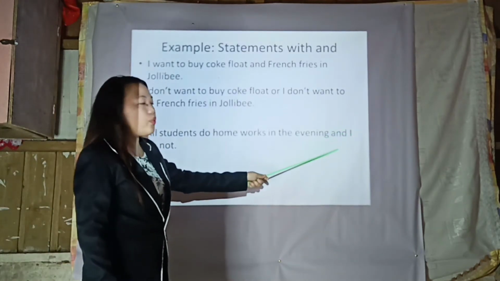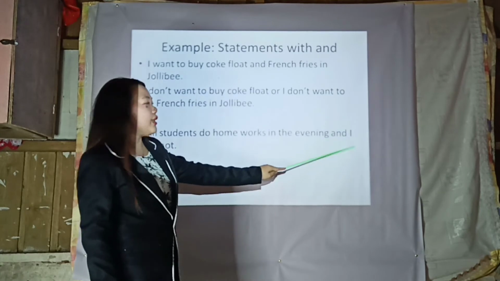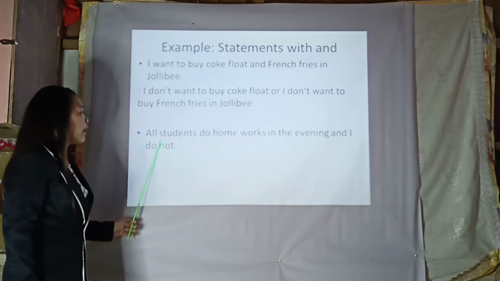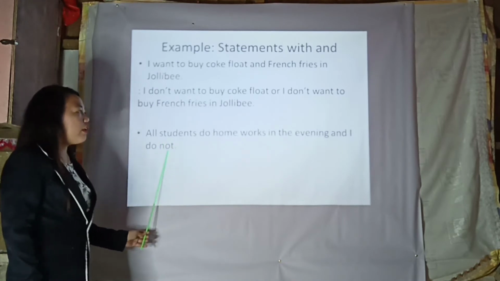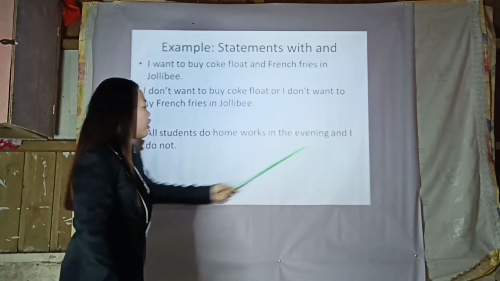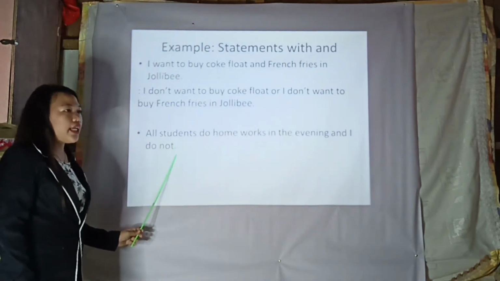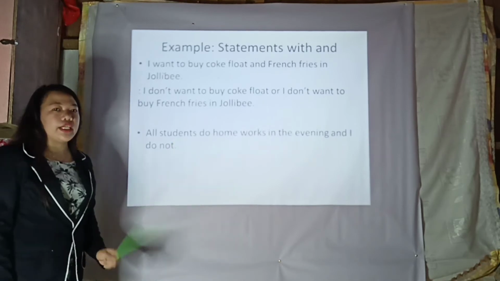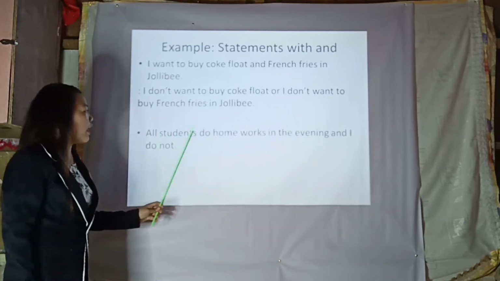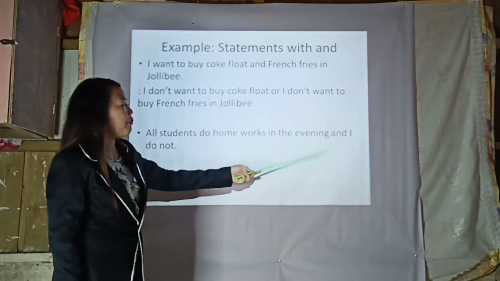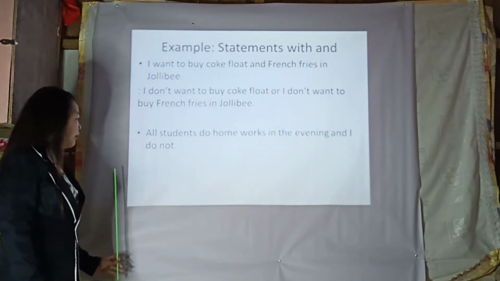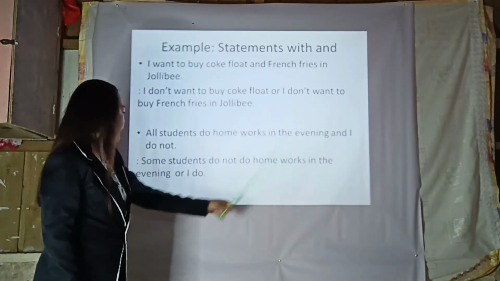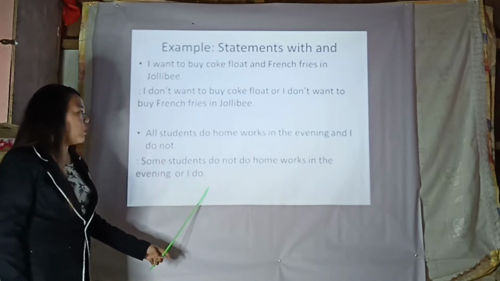The negation of and will be or. As you can see, the second statement has a negative, or has not. Therefore, the negation of this second statement will be positive. So therefore, the negation of the statement all students do homeworks in the evening and I do not will be: some students do not do homeworks in the evening or I do.